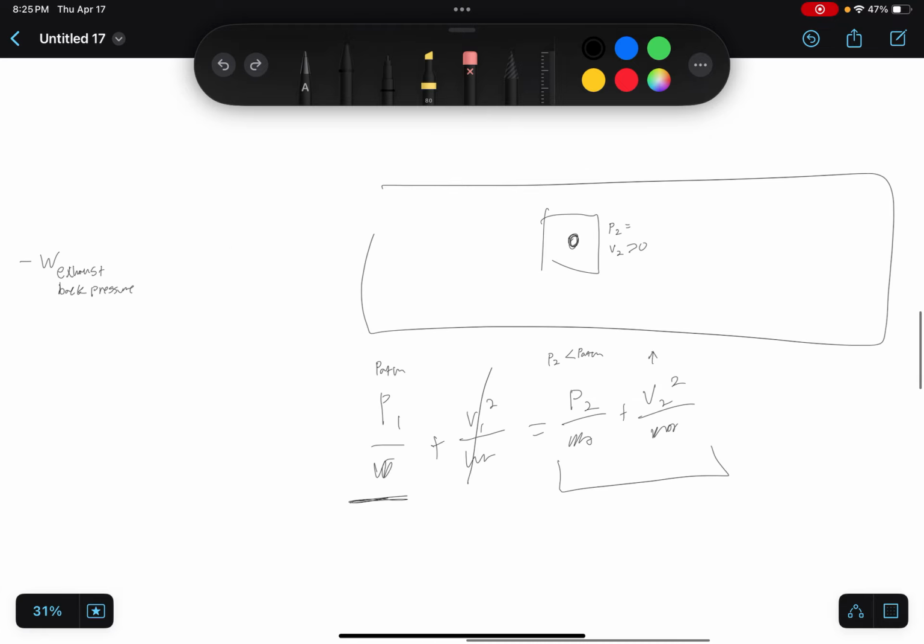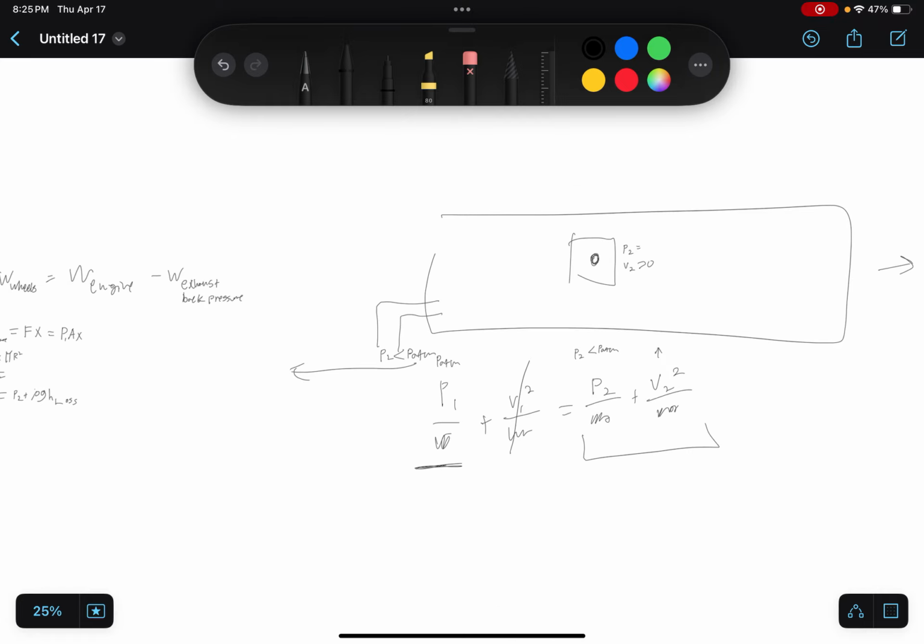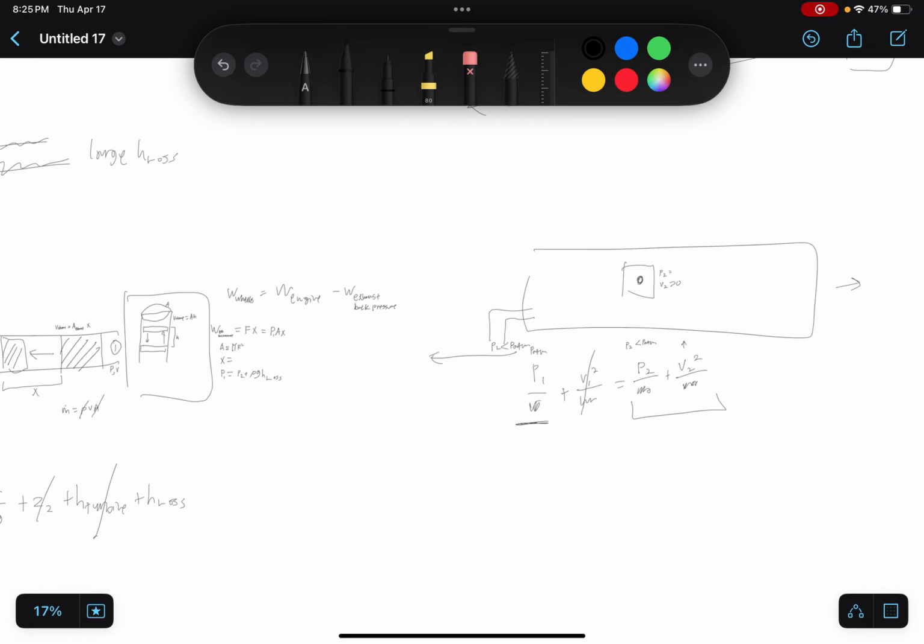But if you have the exhaust pointed like down, air is flowing over it at a velocity, which means that the pressure, P2, is less than PATM. So, cool. That's pretty neat. That is actually pretty neat.